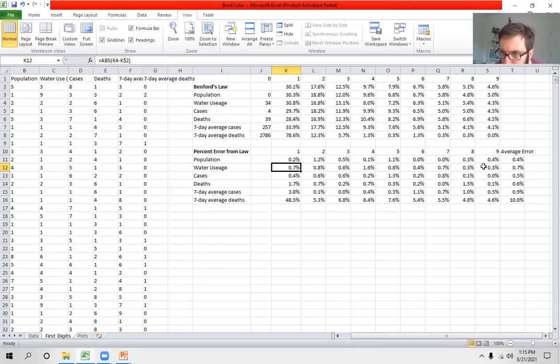So I calculated the difference between those, took the absolute value of the difference, and then for all 9 digits, took the average error. And so what you can see is, on average, the digit distribution for population is 0.4% off. For water usage is 0.7% off.